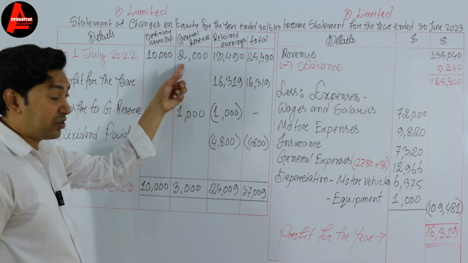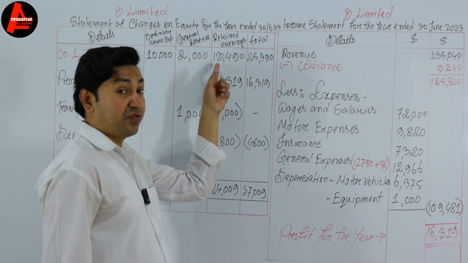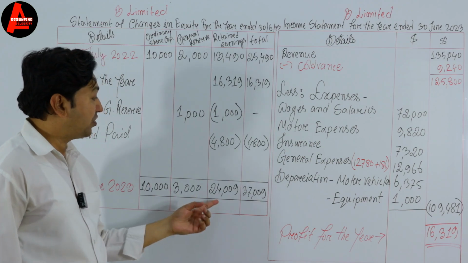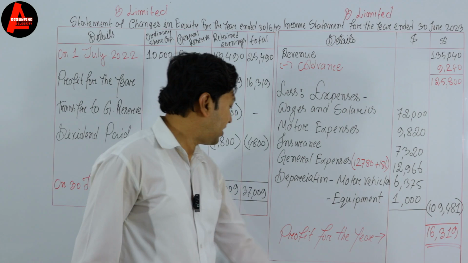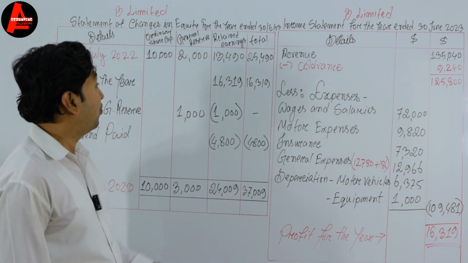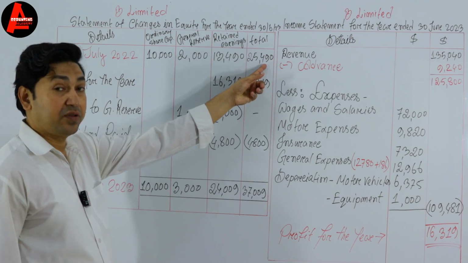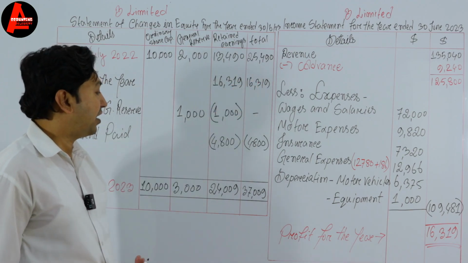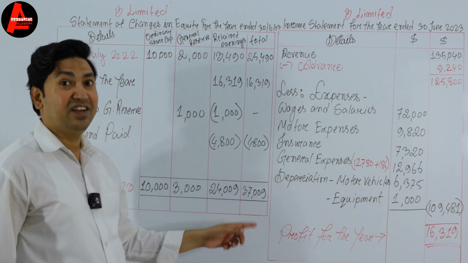General reserve was $2,000, now it is $3,000. Retained earnings was $13,490, now it is $24,009 because we got profit for the year. And the total was $25,490 at the beginning of the financial period, and at the end it is $37,009.